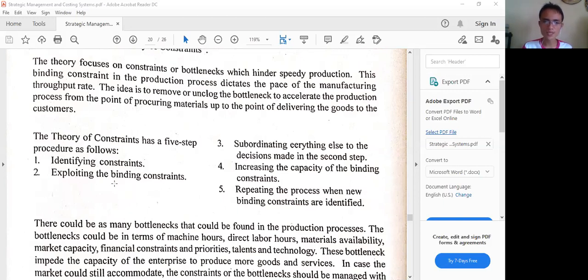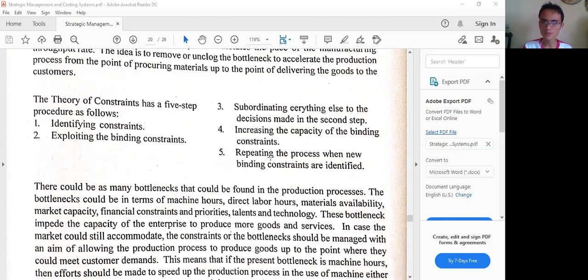The theory of constraints has a five-step procedure. First, we identify the constraints. Second, we exploit these constraints. Third, we subordinate everything else to the decisions made in the second step, so whatever constraint has been exploited, we have to support that. Fourth, we increase the capacity of the binding constraints, so we find ways to solve that and use it to our advantage.